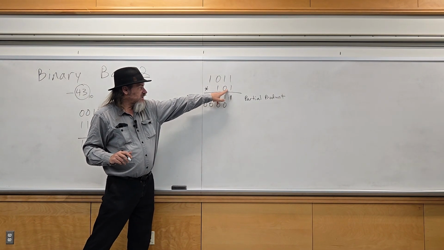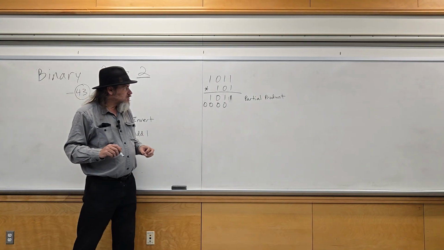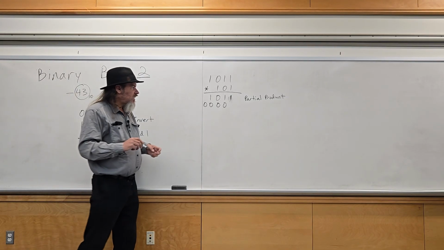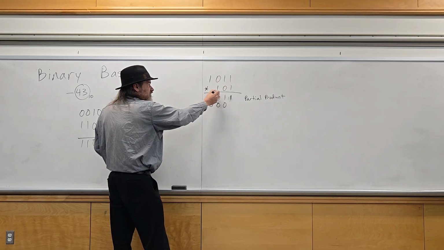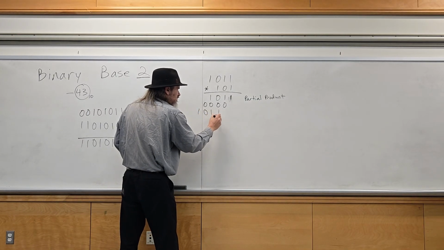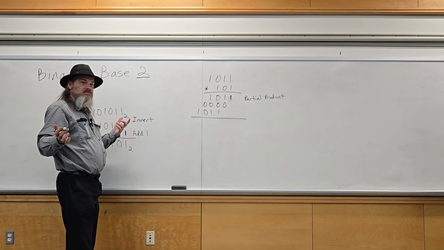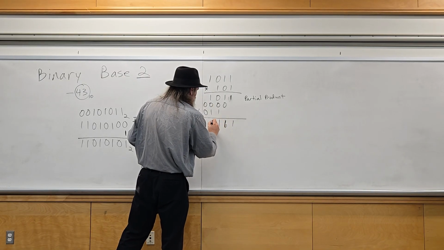The position of the digit is the bit of the second factor. Would it be wrong if I put a 0 right there? No, it doesn't affect the addition later on. And then 1 times the third digit of the second factor times the first factor is 1011, and then add them together. 1 0 1 1 1 0.